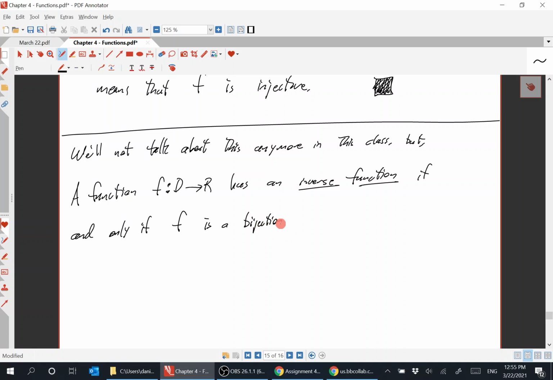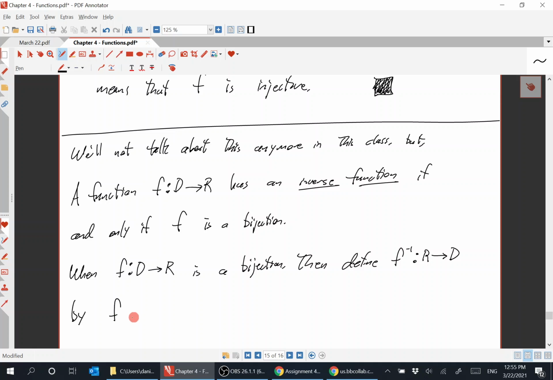Okay, when f is a bijection, then we define the inverse function from the range to the domain by f inverse of y is equal to x when f of x is equal to y.